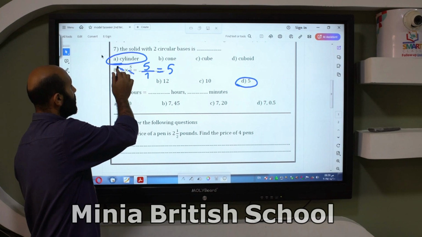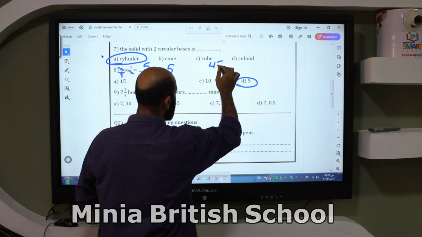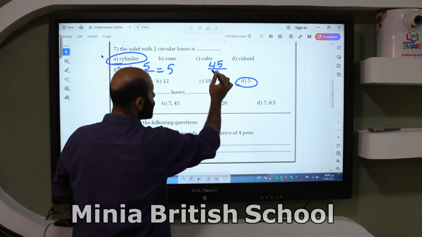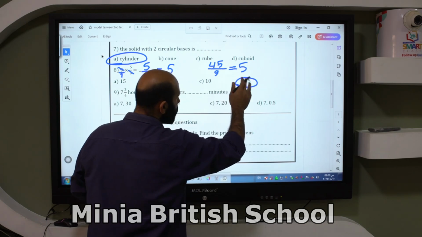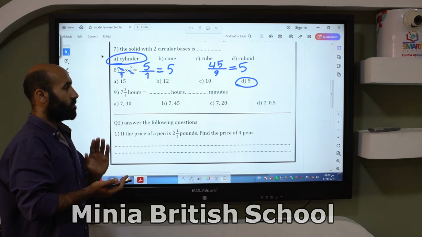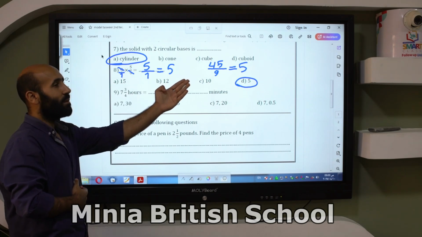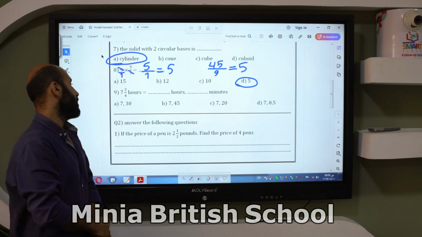I can say 9 times 5, which equals 45, over 1 times 9 equals 9, and 45 divided by 9 equals 5. This is also another right way to find the answer. Both of them are right, and both give me the same correct answer, which equals 5.